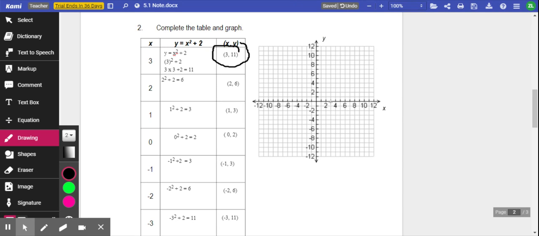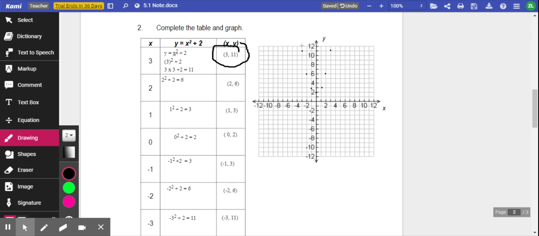So we go to 3 on the x-axis, 11 on the y. 1, 2, 3, and 11 right about there. 2 and 6. 1 and 3. 0 and 2. -1 and 3. -2 and 6. And -3 and 11.